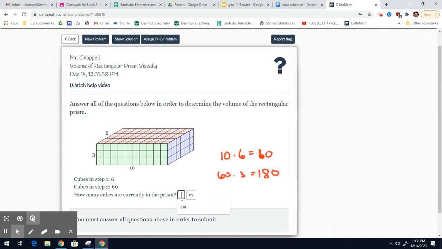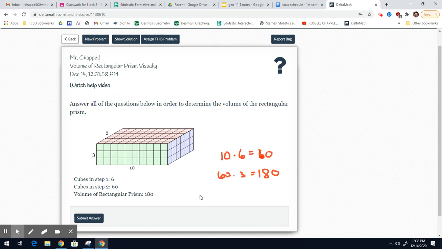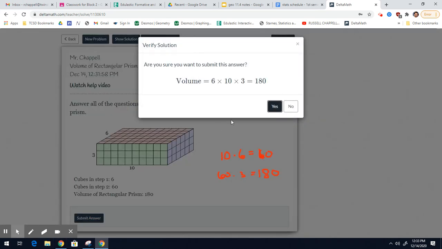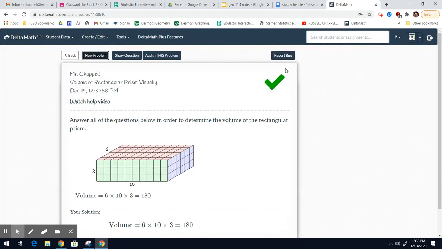I said squares, cubes. And there we go. And that's the volume there. And again, what is your formula for the volume of a rectangular prism? You would just take length times width times height, right? The 3 dimensions multiplied together, and you would get 180. Green check mark. Oh, yeah. All right, next problem coming.